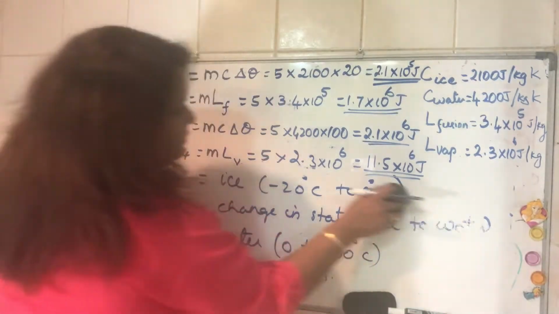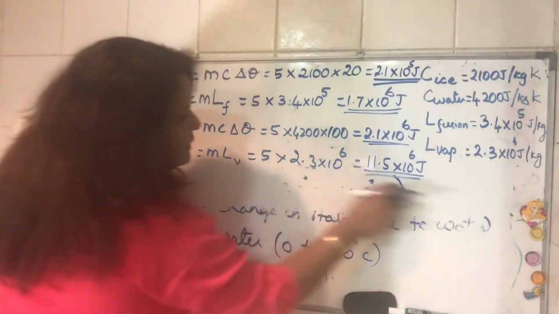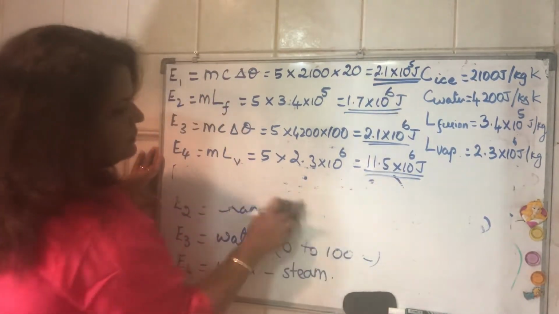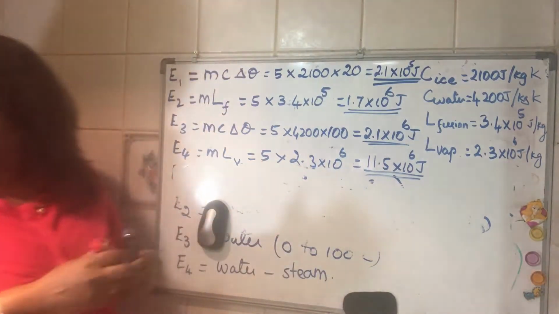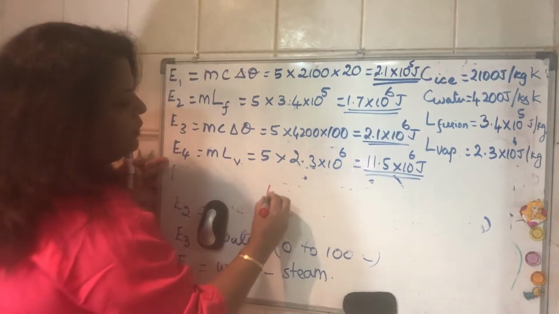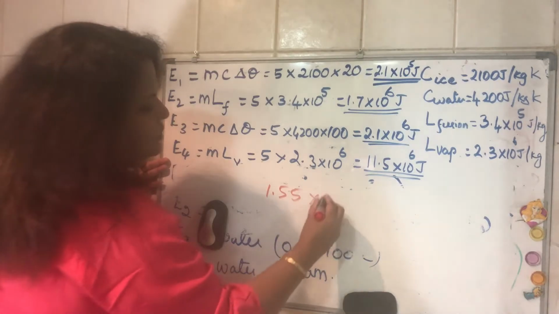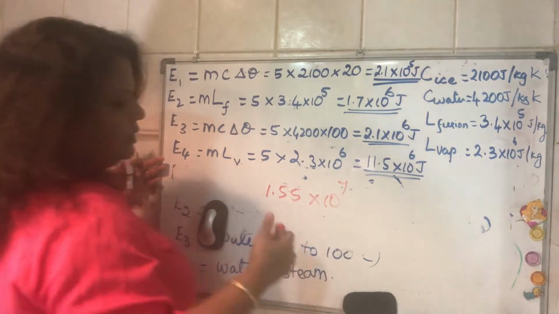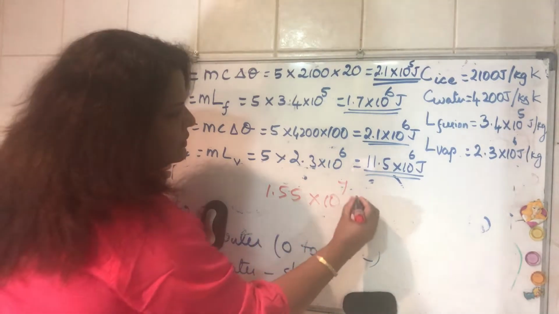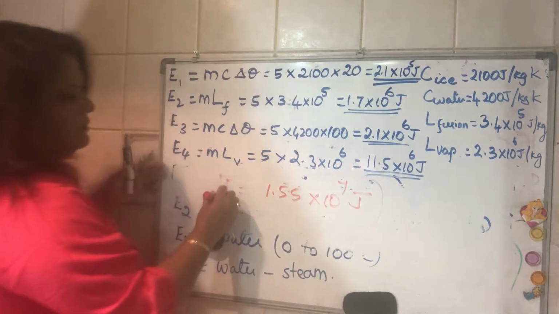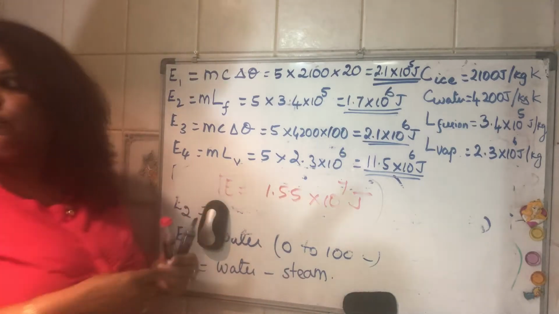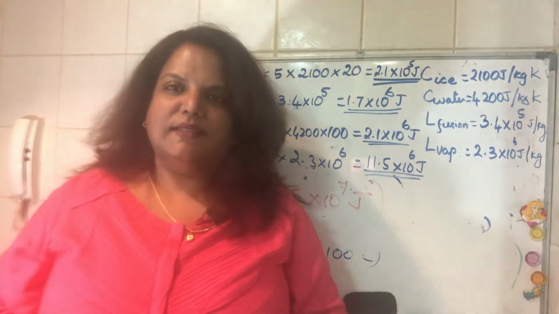Finally, when you add all of them, those of you who skipped the video can check, the final answer is 1.55 into 10 to the power of 7. What would be the unit here? Joules, since it is energy. 1.55 into 10 to the power of 7 joules is the answer.